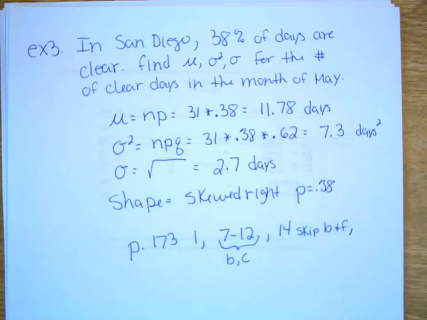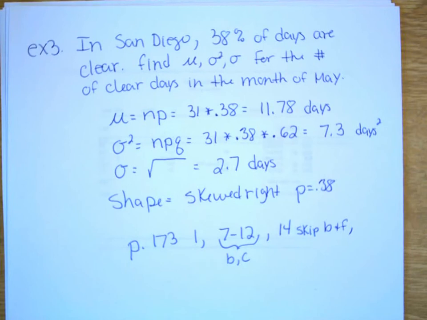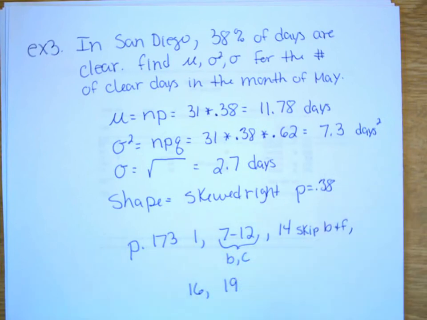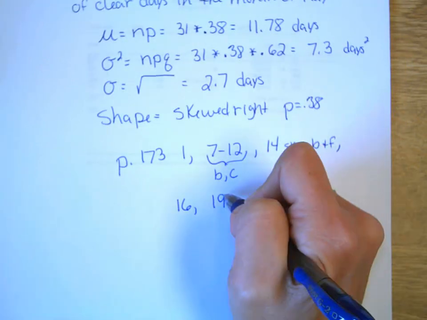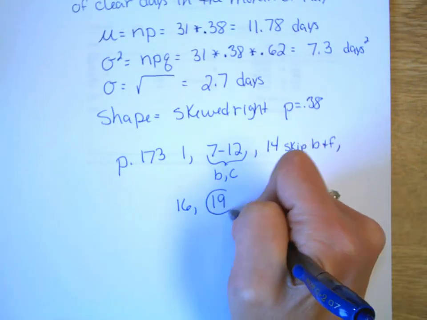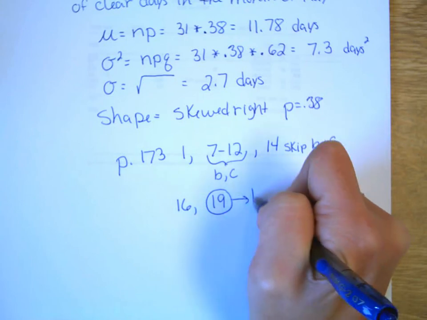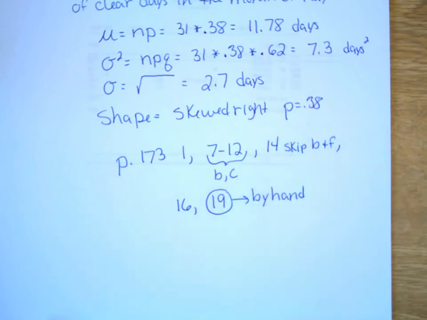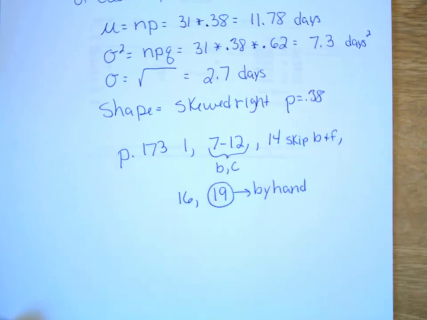Yep, we did A yesterday. 16 and 19 is the one I'd like you to practice by hand, just so you don't forget that formula. So 19 is going to be your by hand problem, where you show me you know the formula. The rest can be done with the programs.